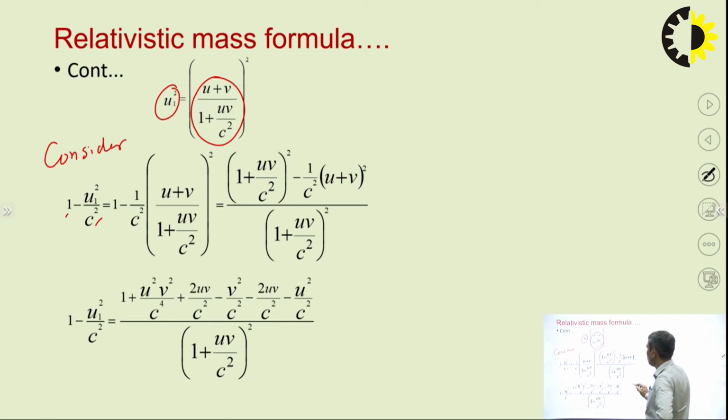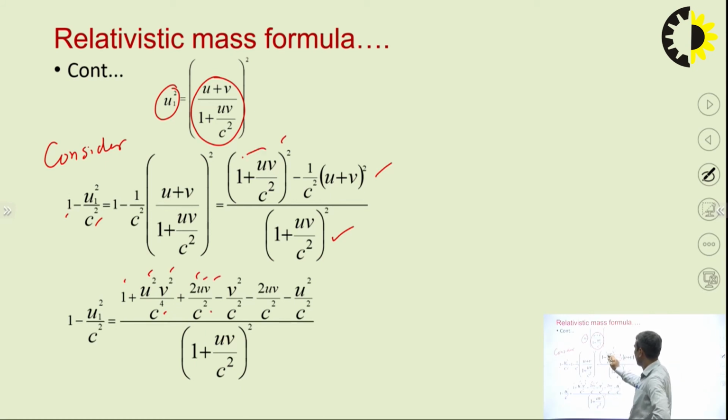So, we take the LCM, 1 plus uv by c square whole square, minus 1 by c square times u plus v whole square. If we open the first bracket, we get 1 plus u square v square by c power 4, then 2 u v by c square.